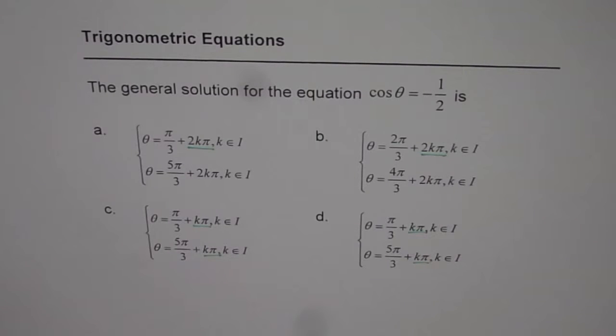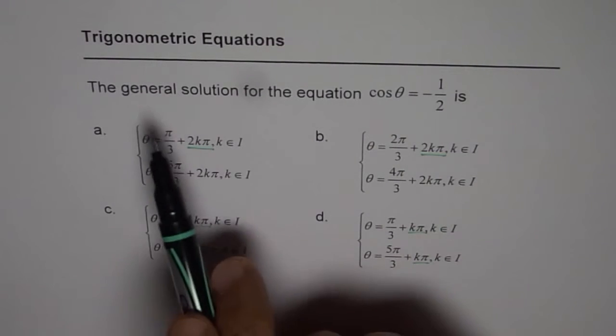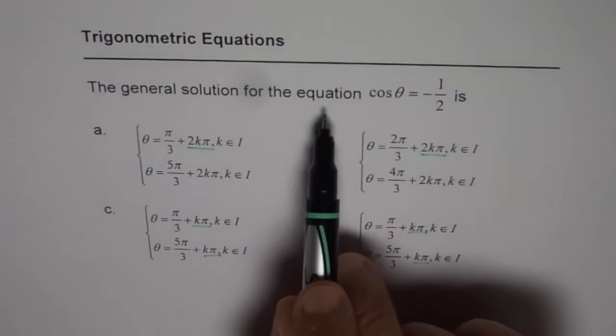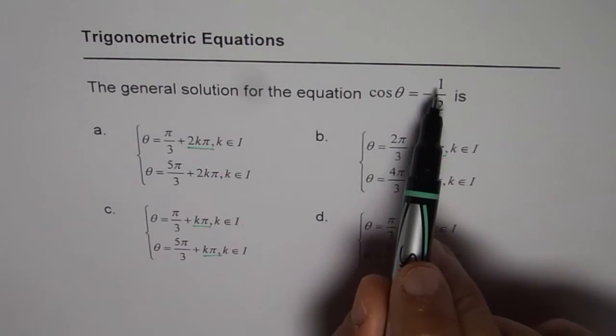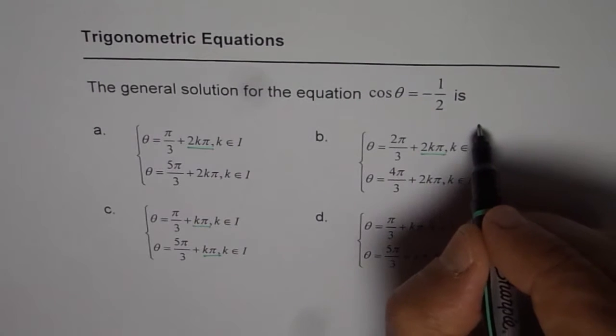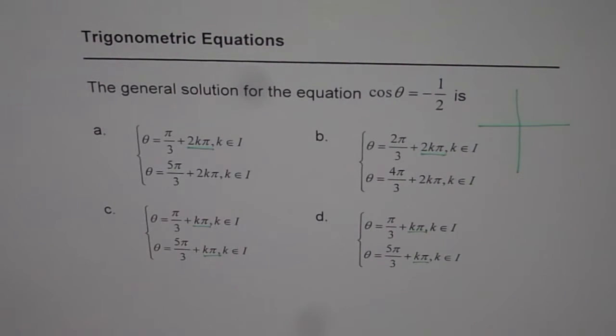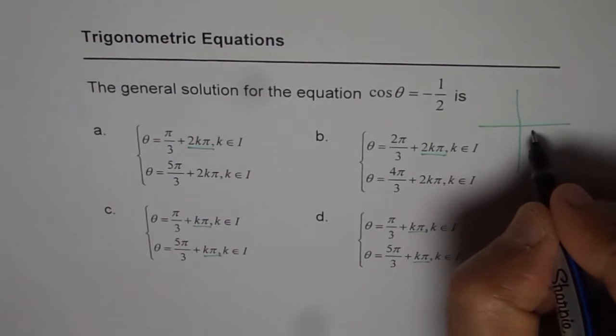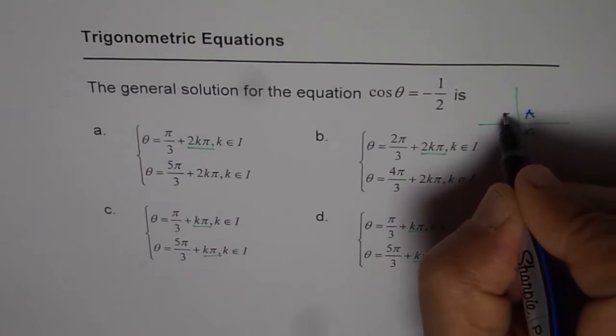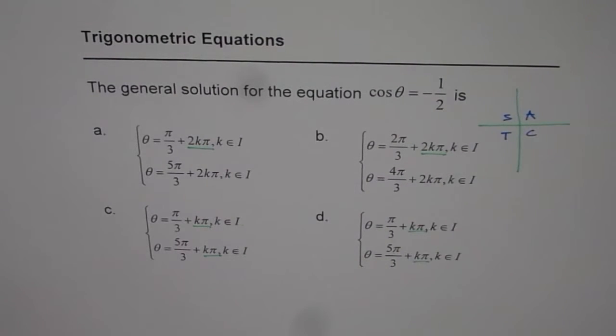Now let's look into the trigonometric equation. It says general solution for the equation cos theta equals minus half. So when we say cos theta is minus half, we note a few things. Cos is negative. If you remember the CAST rule, when is cos negative?